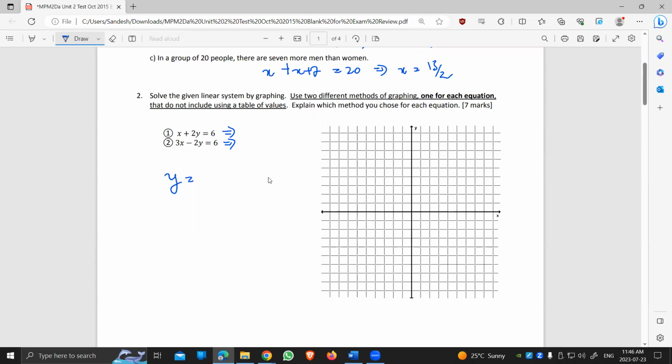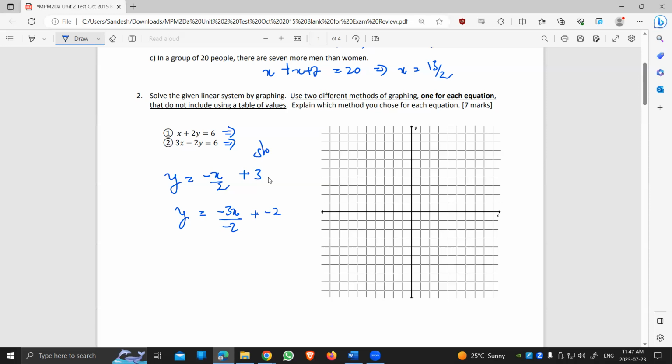So the first equation is going to be negative x over 2 plus 3. The second equation is going to be negative 3x over negative 2 plus negative 2 equals y. So now you have the slope, you have the intercept, just graph them, yeah?